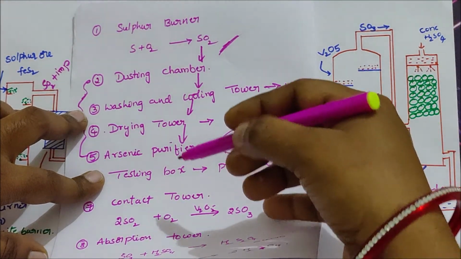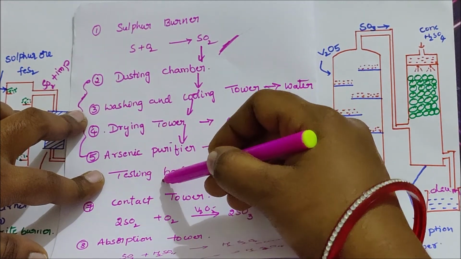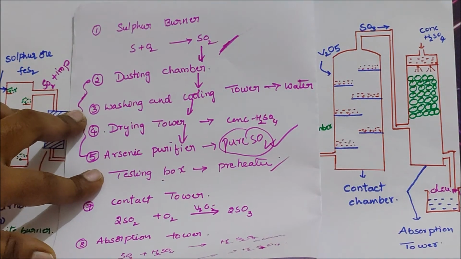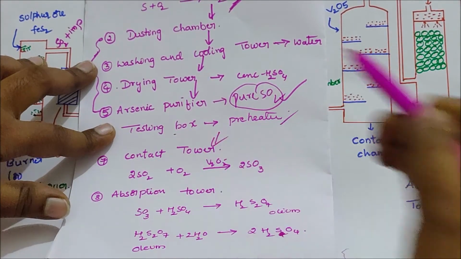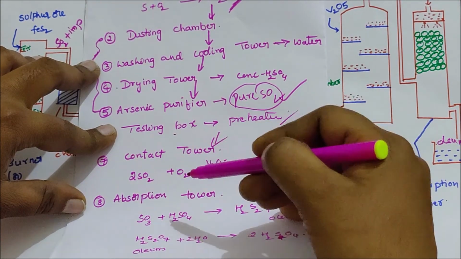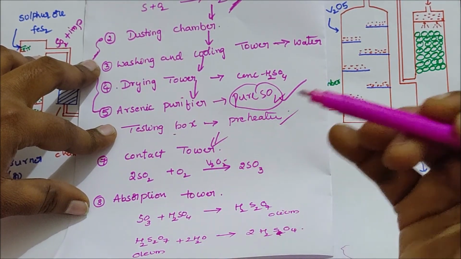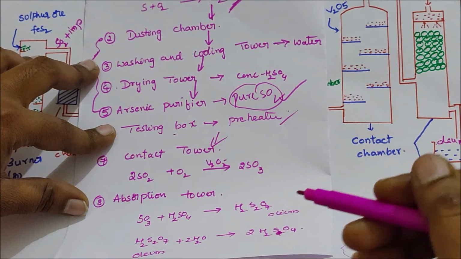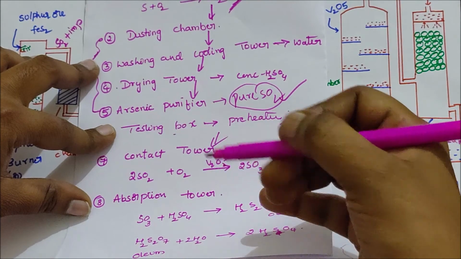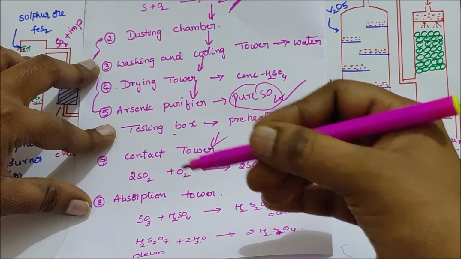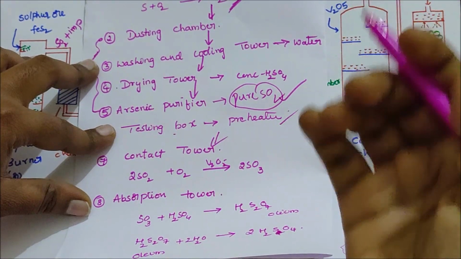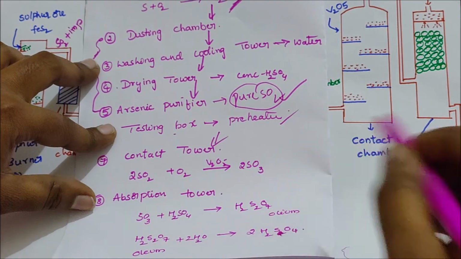So the SO2 passes through the testing box, then the preheater, and then the contact tower. In the contact tower, sulfur dioxide is treated with oxygen in the presence of a catalyst, and higher pressure is required. SO2 and O2 molecules come into contact with each other to give sulfur trioxide.